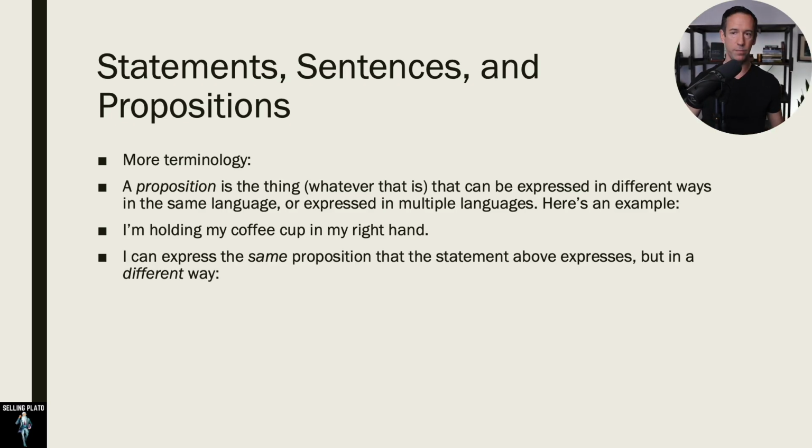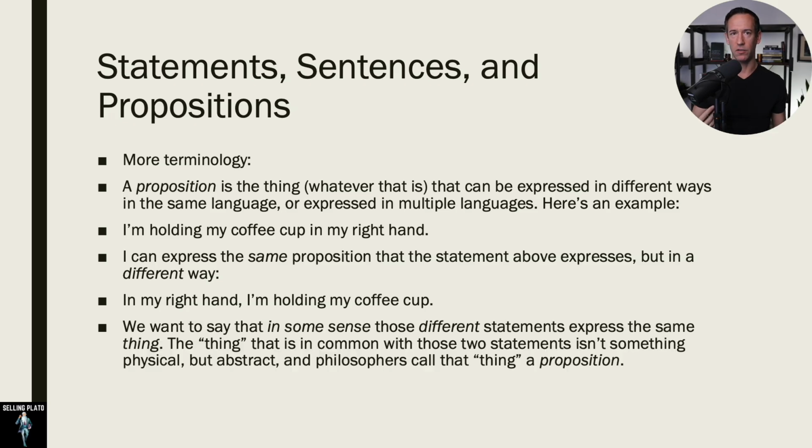That's the example. But I can express the same proposition that the statement above expresses in a different way. Here's how. What if I said, in my right hand, I'm holding my coffee cup? Okay, it's similar, but it's different. And so how are we going to think about that in terms of language?